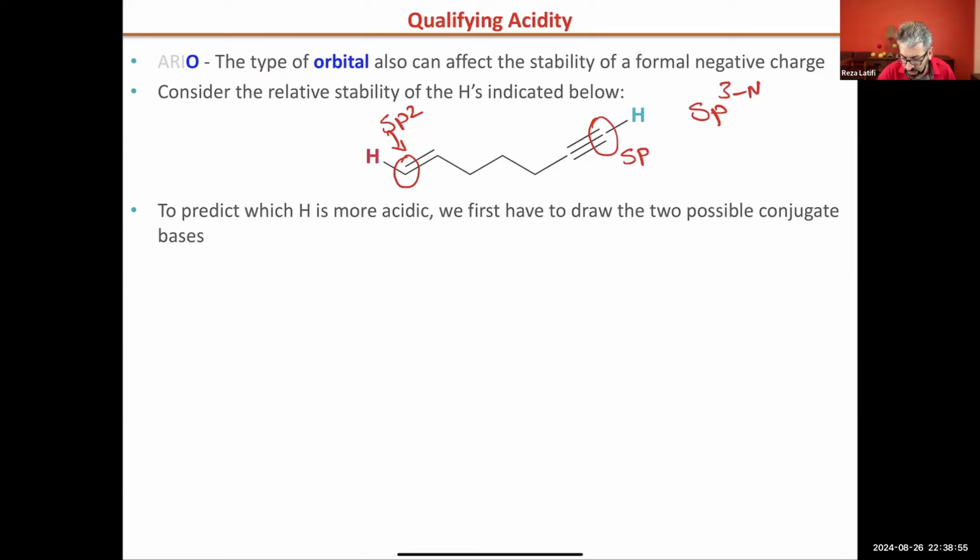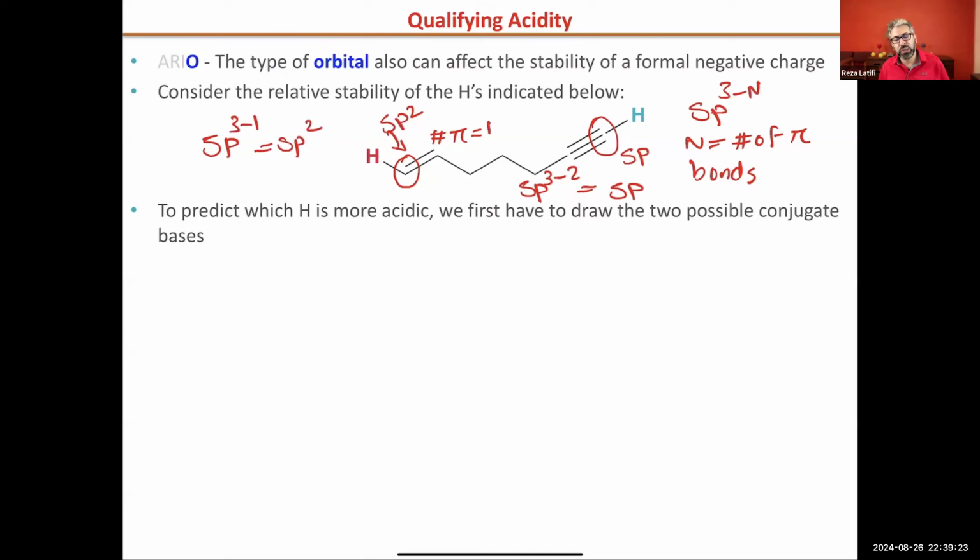So how many pi bonds do I have? I have 2 of them, so it will be sp. In this case, the number of pi bonds is 1, so it will be sp3 minus 1, which is sp2.